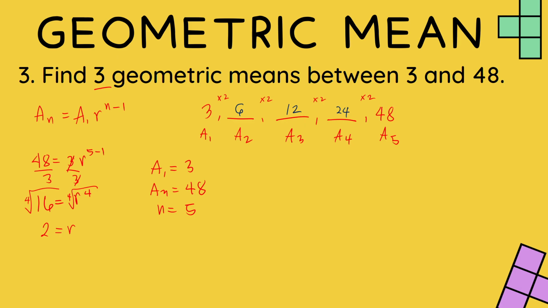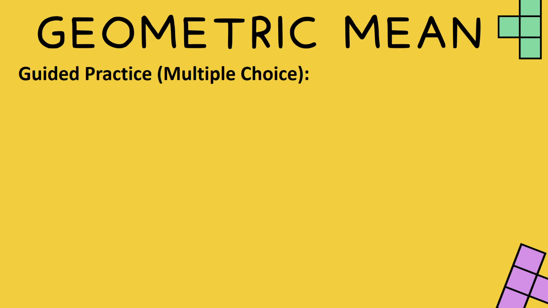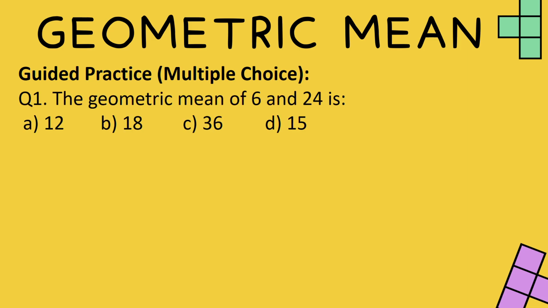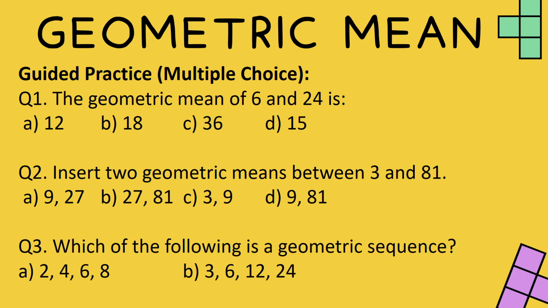Okay, so again, feel free to pause the video later. We are going to have some short guided practice. So we have multiple choice here. Question number 1, question number 2, and question number 3.